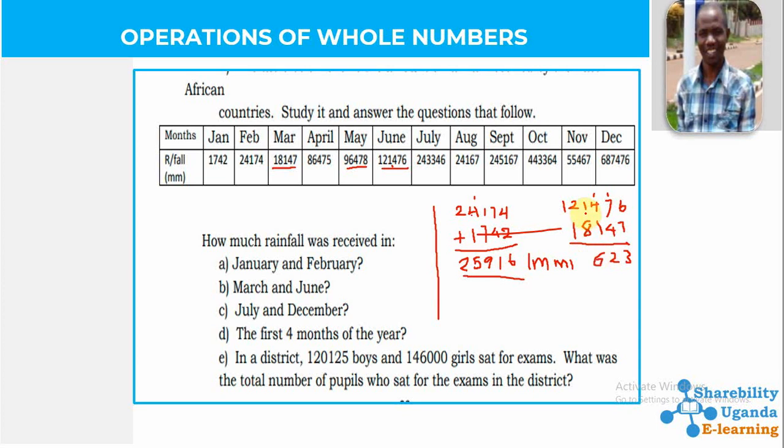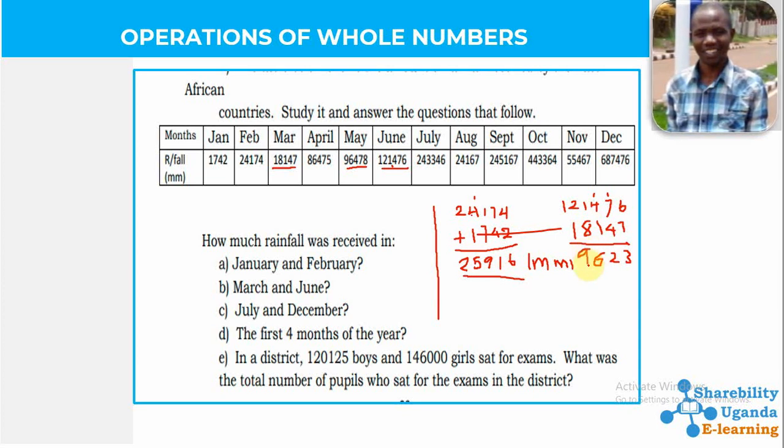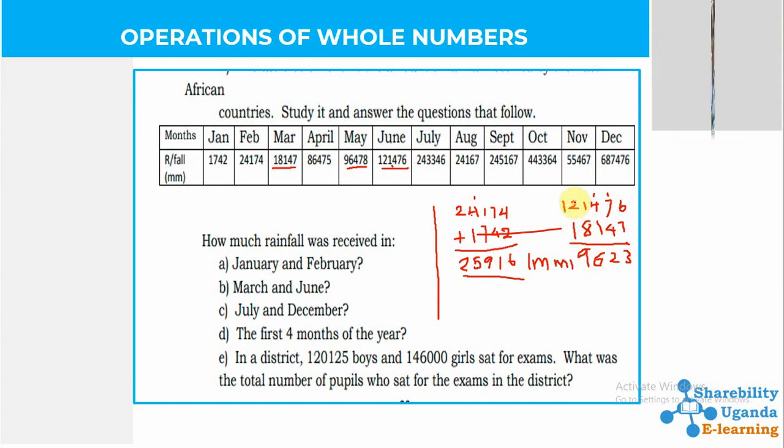6. Then we say 8 plus 1, it becomes what? 9. Then 1 plus 2, this becomes our 3. Then our 1.